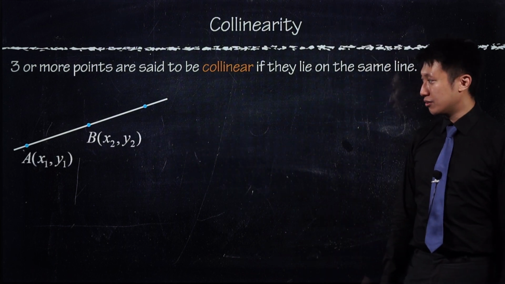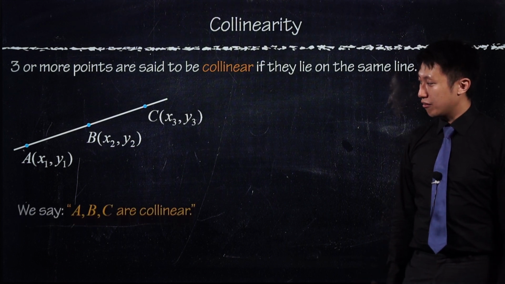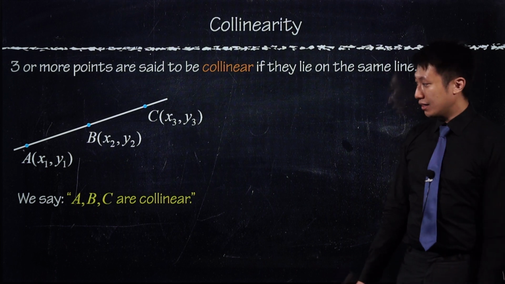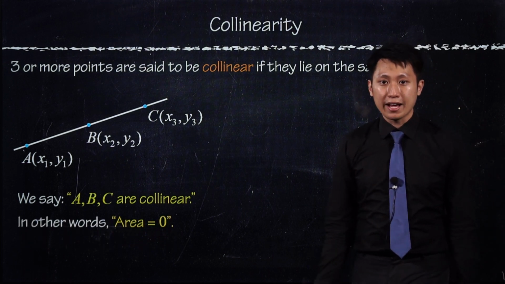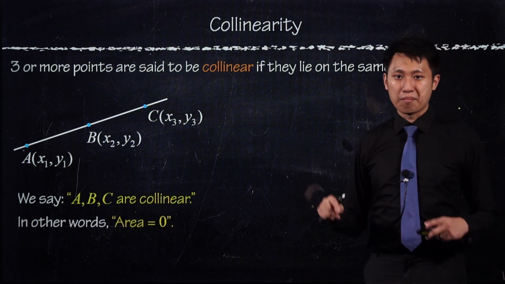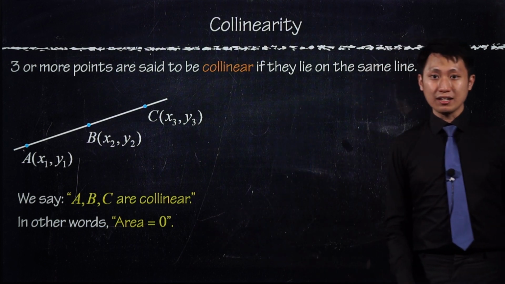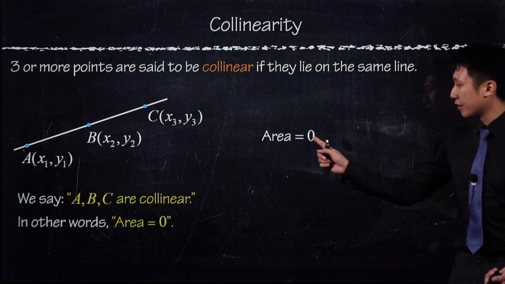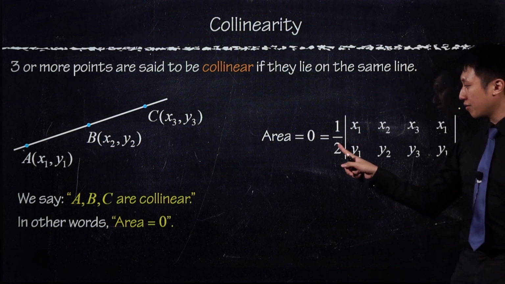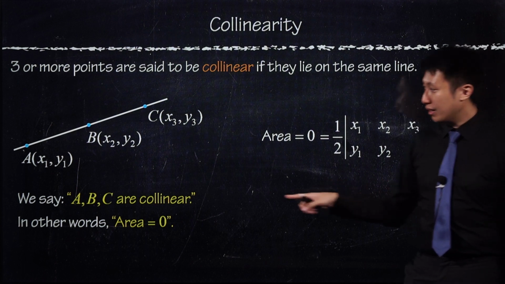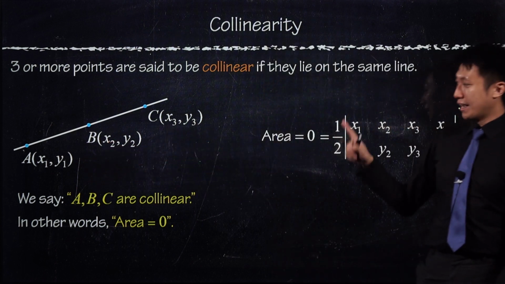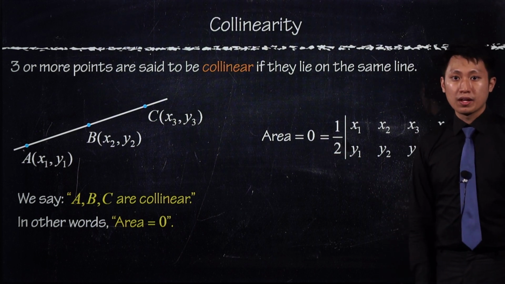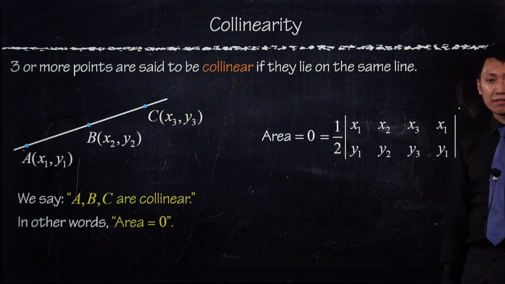So here we have A, B, C, and we say that A, B, C are collinear. So in other words, the area of this polygon is equal to 0, right? Making use of what we have learned just now, area equals 0 means it's half x1, y1, for A, B, C, and A. You will get 0. That's how we justify it.